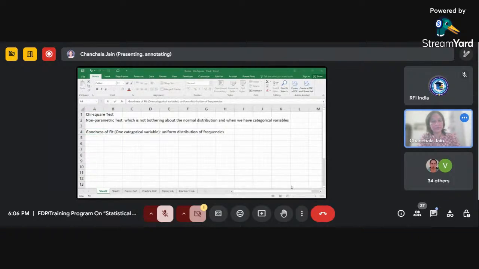How many of you have worked with chi-square test previously? Okay. Any answers? No one has worked previously with the chi-square test? Ma'am learned it before, but never really worked on it. Okay, fine. No issues. Anyone who has studied chi-square test in statistics?